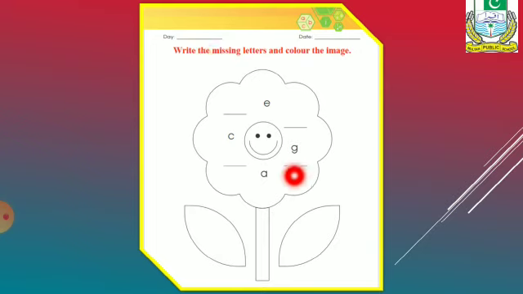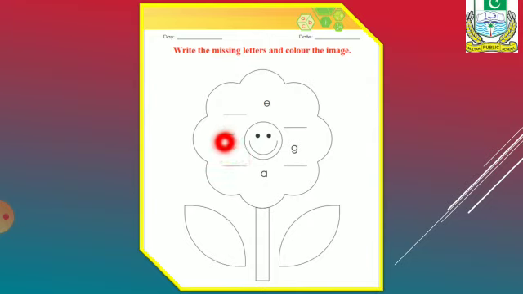Wow, you're going to have so much fun coloring this flower and the leaves over here, and the stem over here. Wow, first we are going to fill in the missing letters. We will start with A. What comes after A? We're going to write here in the blank B.